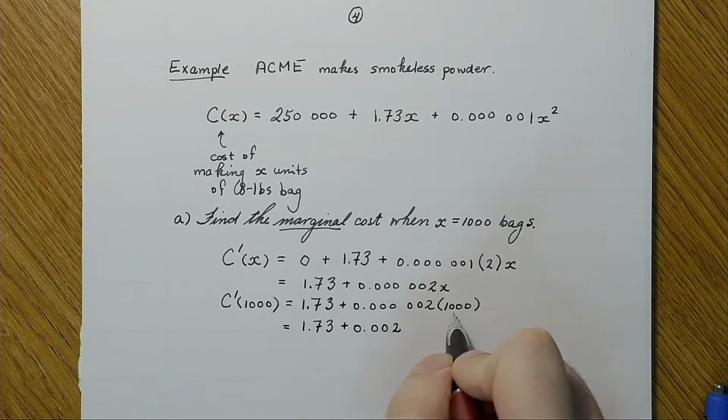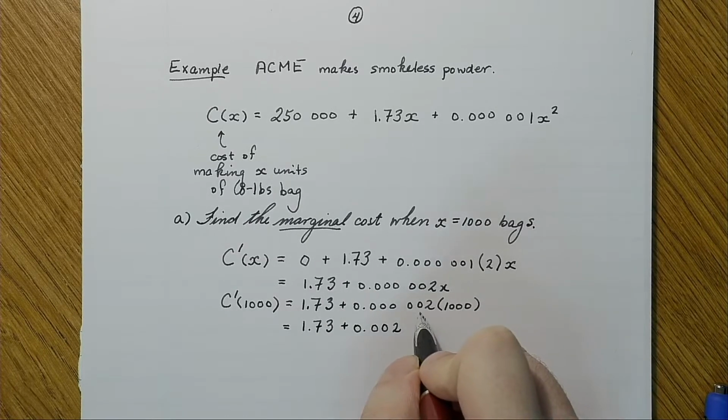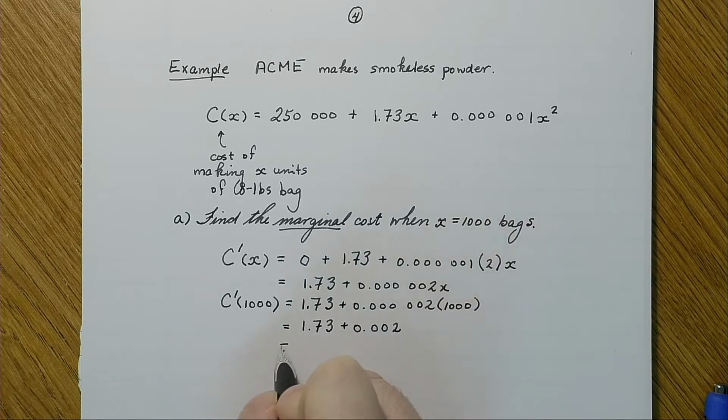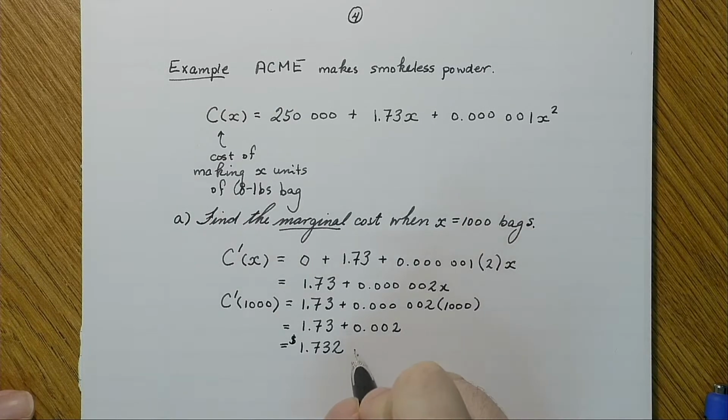Right? Because we're going to move it 3 decimal places. 1, 2, 3. So it should be $1.732. So that's the marginal cost.